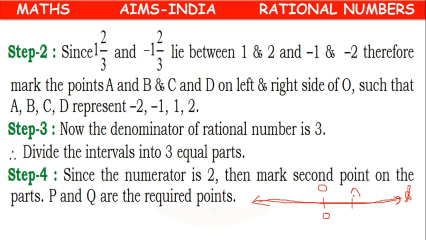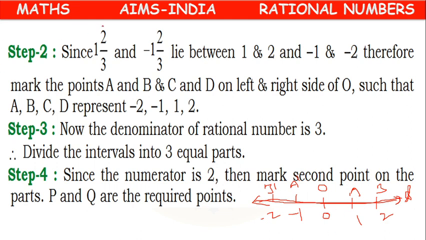Let's take A at unit distance 1 on the right hand side, and next, at unit distance, B whose value is 2. In the same way, on the left hand side, minus 1 is A dash, minus 2 is B dash. Like this, we take some points and their values on the line. Now it is called a number line.